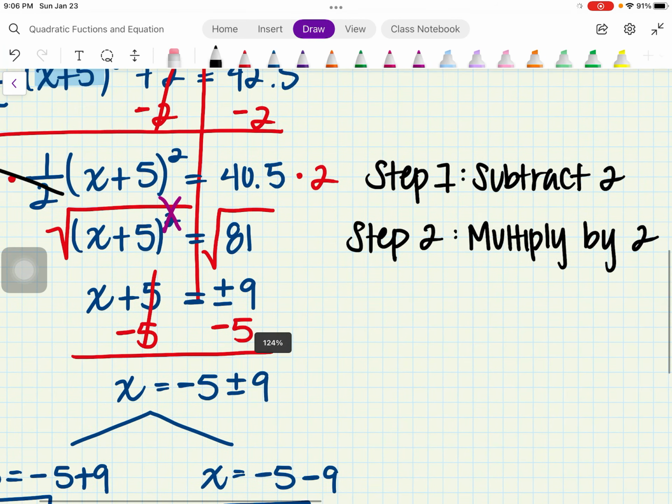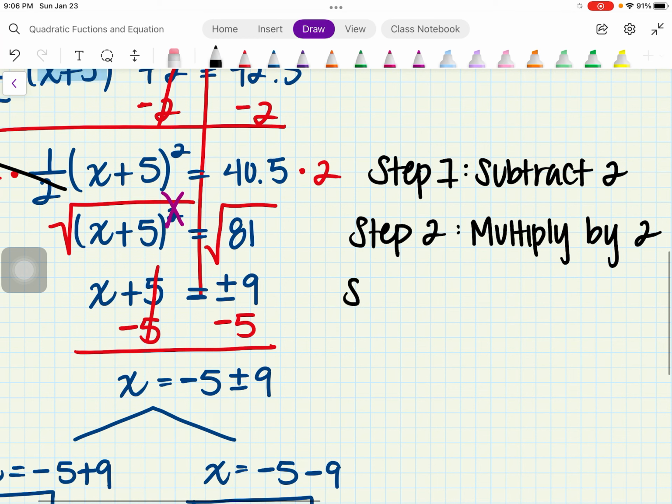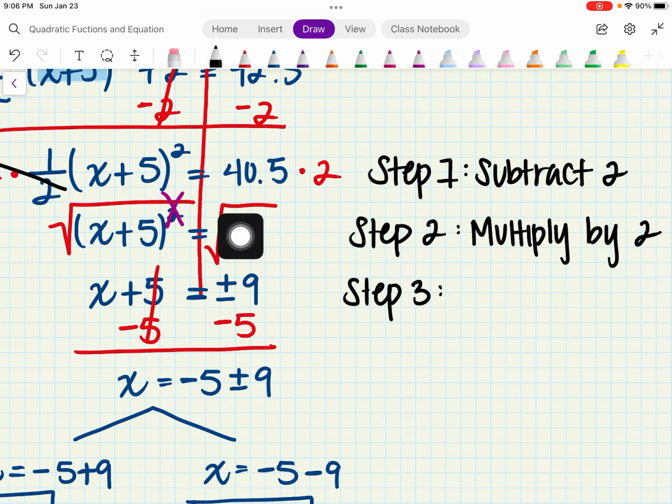All right. Step 3 in this case, to go from here to there, we took the square root.